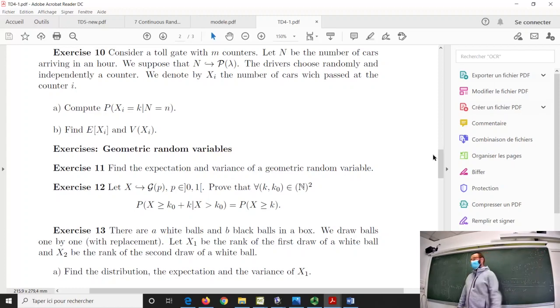So you have everything in order to try to compute. Have you understood the situation? That's exactly what is explained here. And I am interested in the number of cars that choose this counter here. Take 5 minutes to try to think about it.